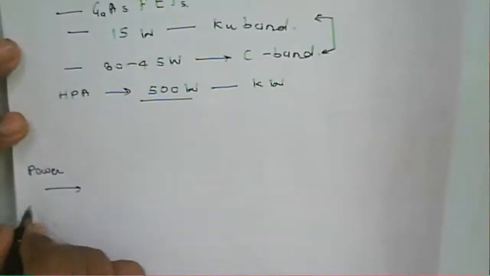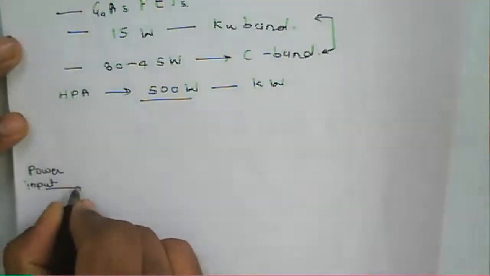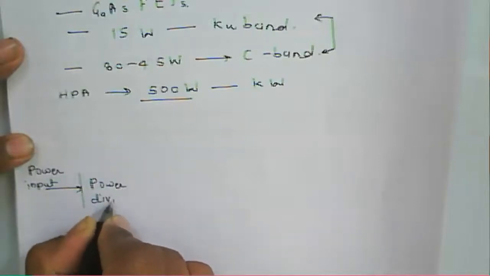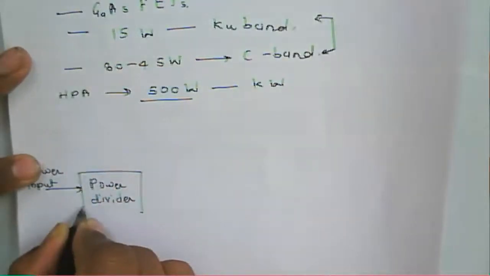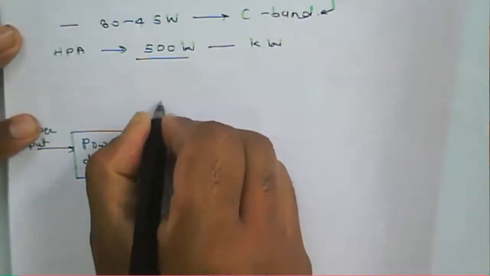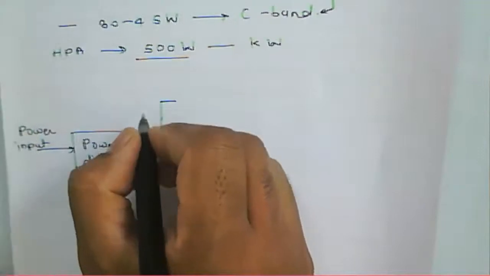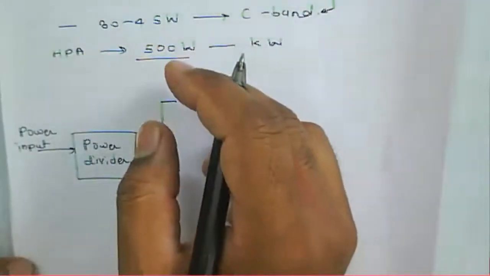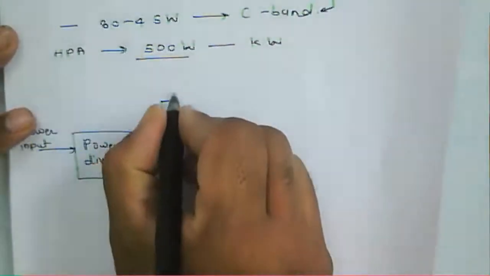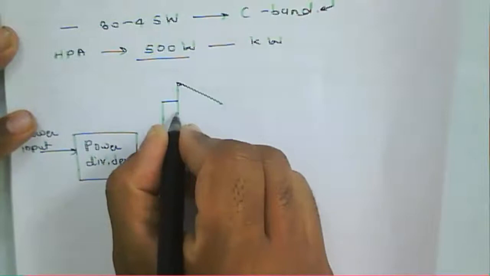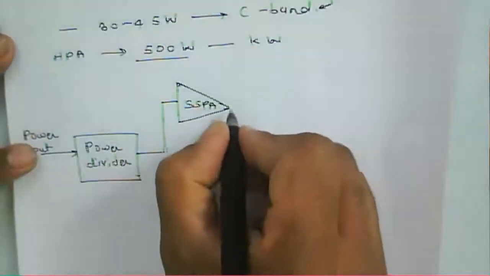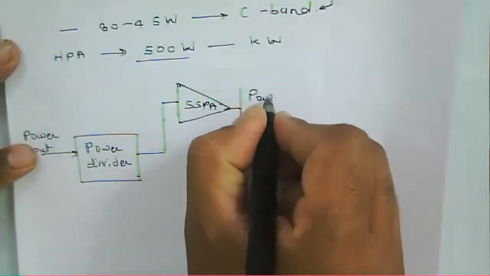Whatever power input we provide is applied to a power divider, which will divide the power. Because the input required for this solid state power amplifier is small, we can consider that we have the SSPA here.